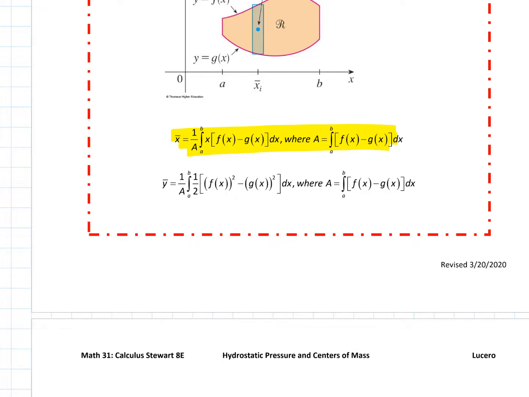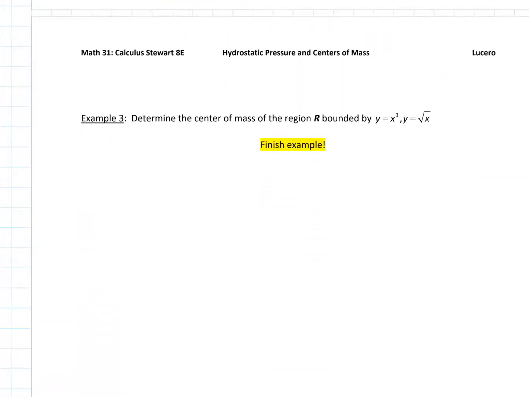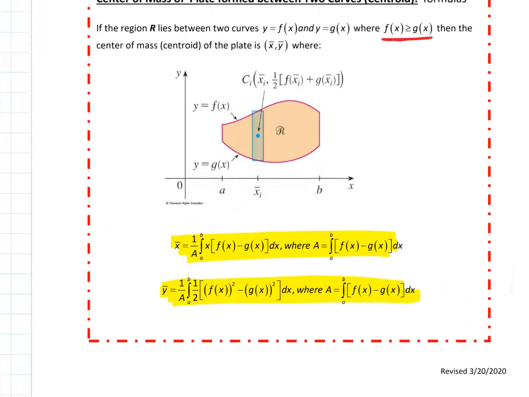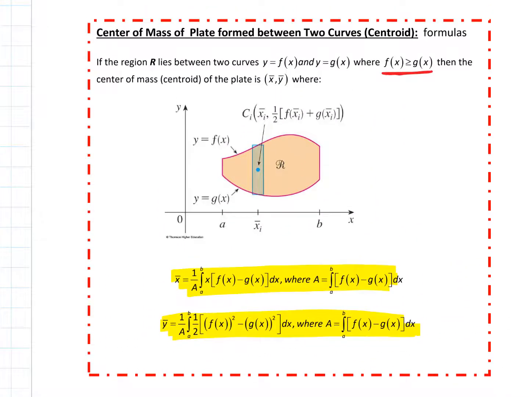And y bar is 1 over A times the integral of 1/2 of f of x squared minus g of x squared, and A is the integral from a to b of f of x minus g of x. Okay. Again, we're going to do this example in a separate video, but that summarizes our formulas for finding the centroids or centers of mass of an infinitely thin plate, a lamina.